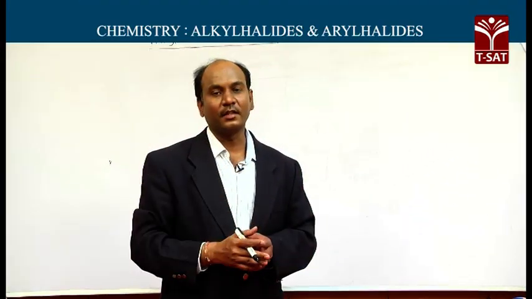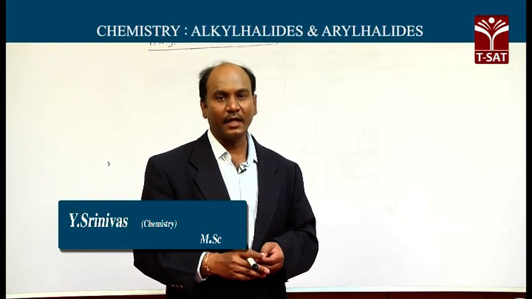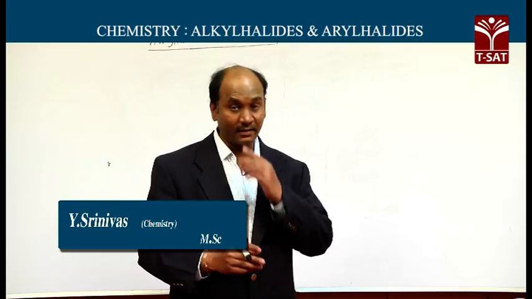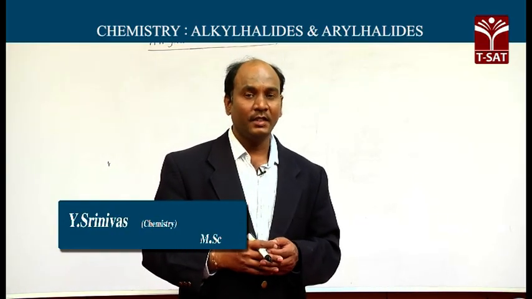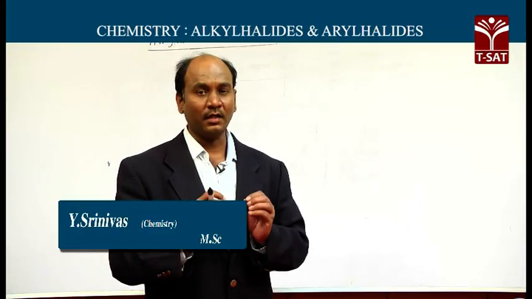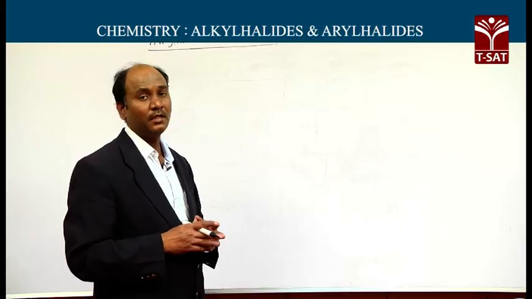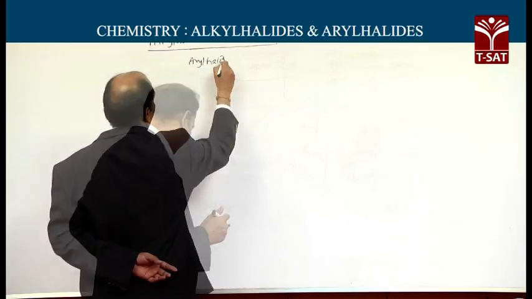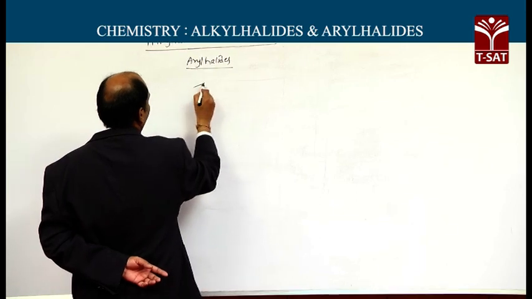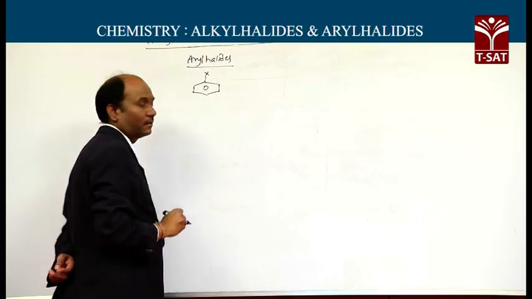So far we have been discussing alkyl halides, and alkyl halides are completed, now aryl halides. In alkyl halides we discussed SN1, SN2, SNi and NGP. These four are very important. Now let us discuss what reactions happen in aryl halides. Aryl halides contain a halogen attached to benzene.